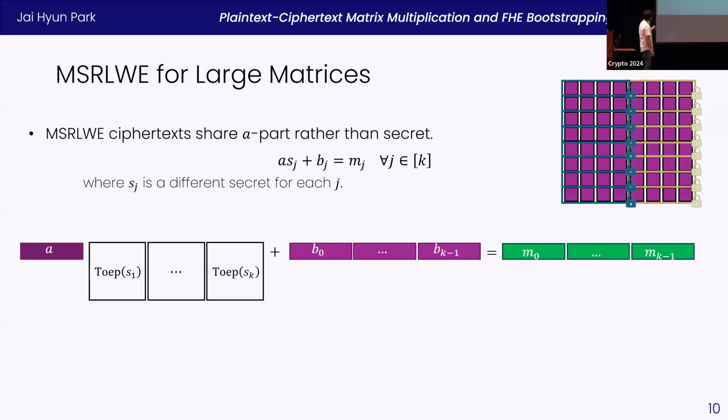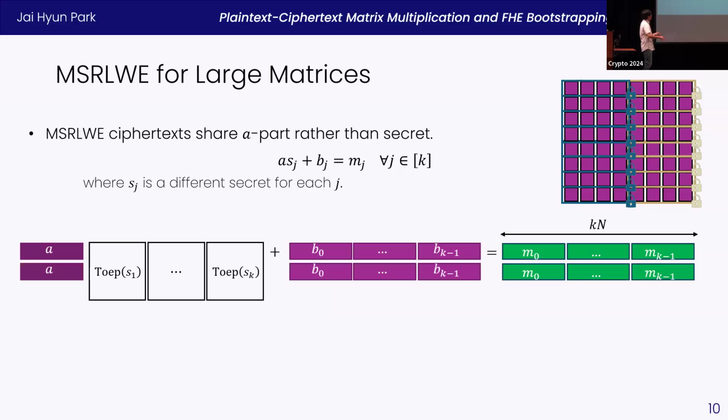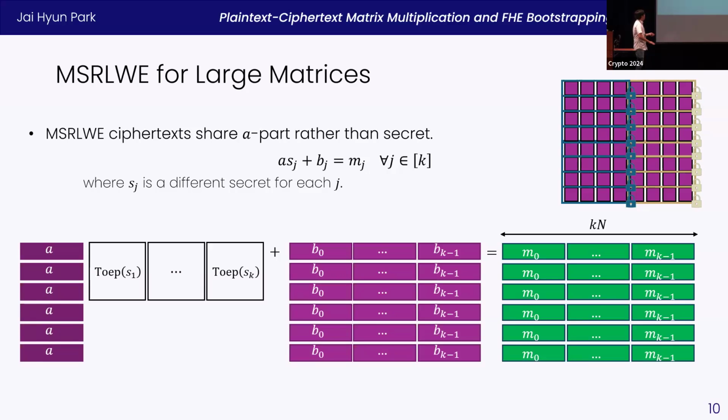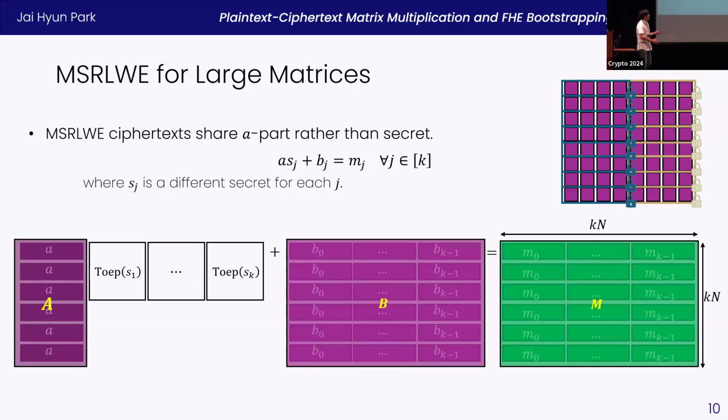This is the structure for the multi-secret ring LWE. If we have a bundle of multi-secret ring LWE ciphertexts, we can stack them vertically as before. This means that for large matrices, we can use multi-secret ring LWE ciphertexts to encrypt them, and that is equivalent to a structured matrix equation like this.